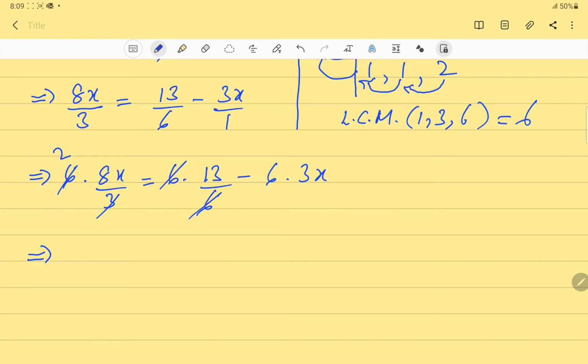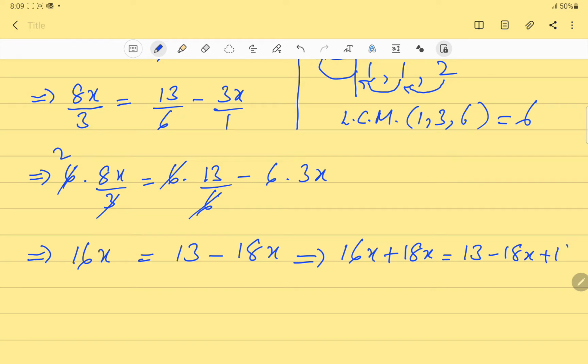So 2 into 8, 16x is equal to 13 minus 6 into 3, 18x. We add 18x on both sides. This 18x cancels with this 18x. So we get 34x is equal to 13.